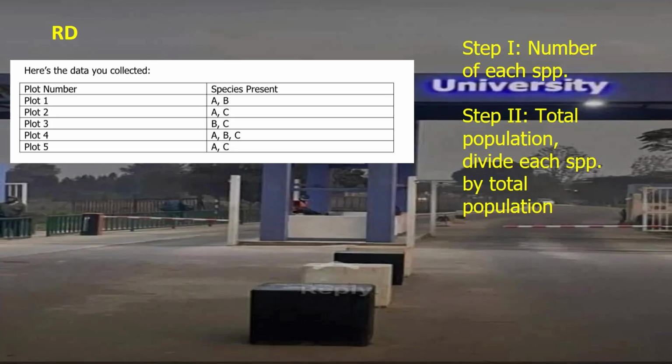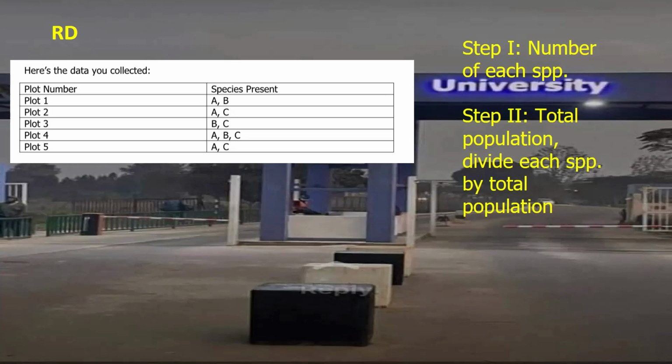If you get your calculator, you say 4 divided by 11, which gives us 0.36, times 100.